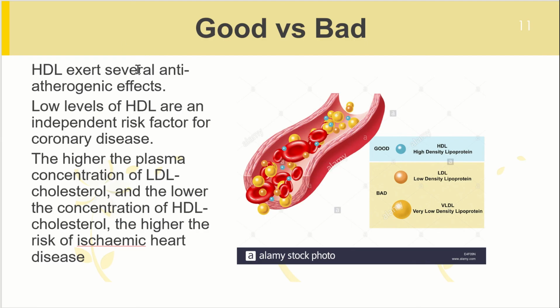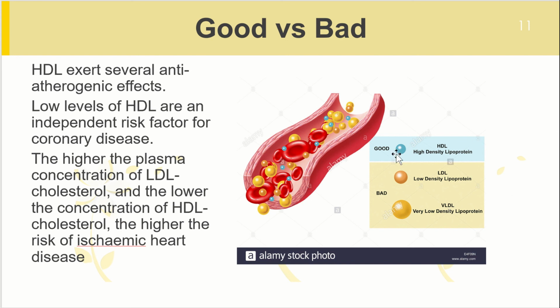So HDL exerts several anti-atherogenic effects. Low levels of HDL are an independent risk factor for coronary disease. The higher the plasma concentration of LDL cholesterol and the lower the concentration of HDL cholesterol, the higher the risk of ischemic heart disease.